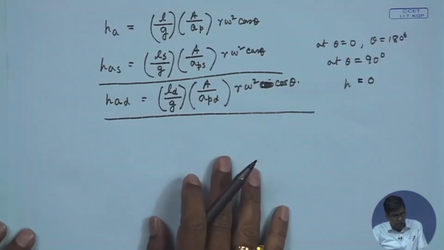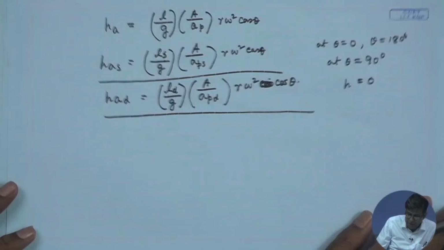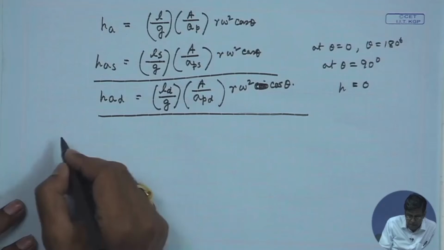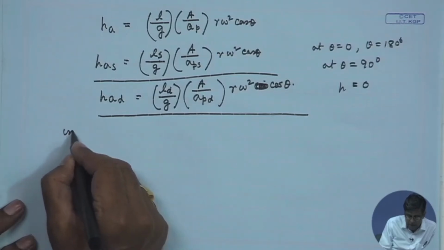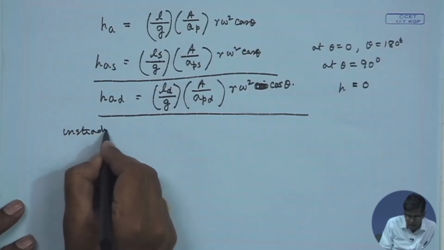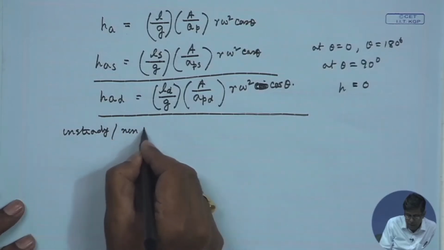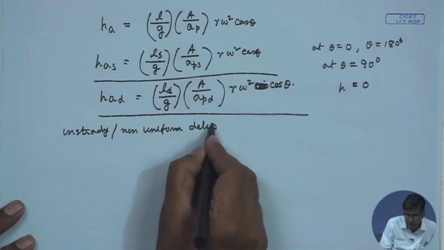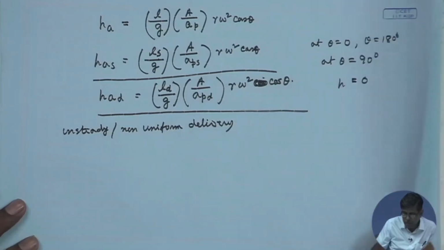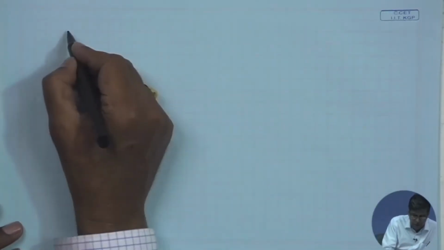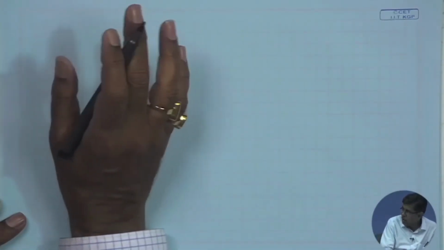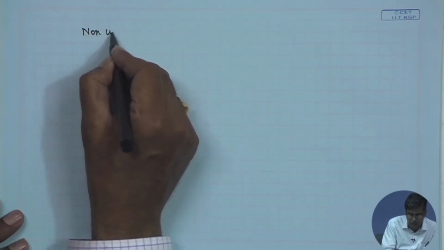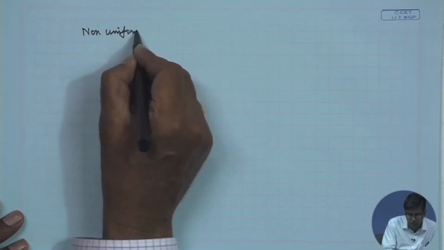Now, the most important part of this reciprocating pump is its unsteady and non-uniform delivery. Let us do it separately. Unsteady means it is not the same with time. Rather, I write non-uniform, which is more suitable, non-uniform delivery.